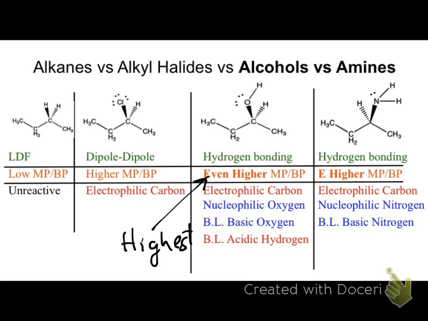That nitrogen-hydrogen bond is strong enough that it's not easy to break. In which case we don't see the amine act as an acid. It will only act as a base. So amines are an easier class of molecule to deal with than the alcohols because they're less acidic. So we've limited some of the reactivity.